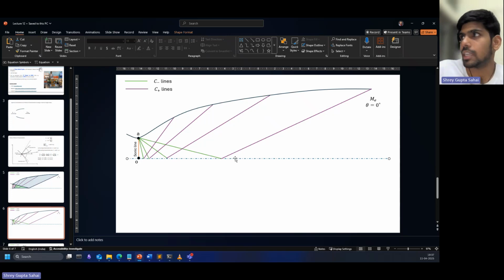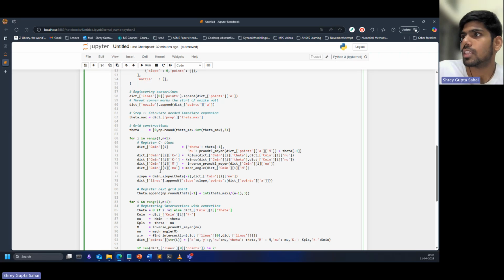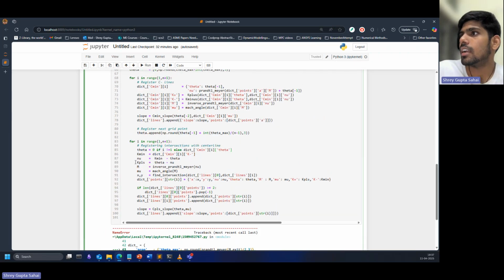So we use that property. First of all, for that C minus line, we find out the K minus value. Nu we find out as K minus minus theta. Theta we give as 0. So nu at the point of intersection, we'll calculate using K minus minus theta. K plus again, we will calculate, K plus will be theta minus nu.